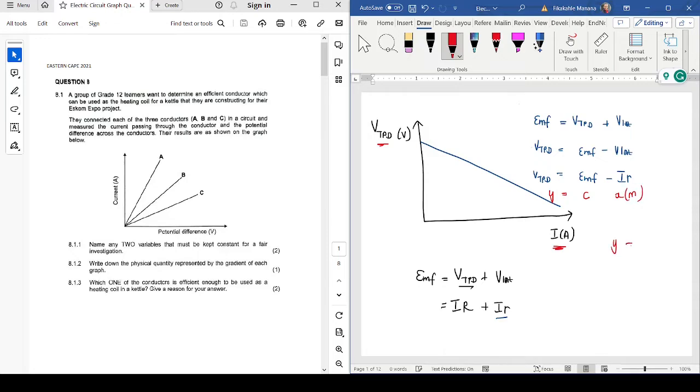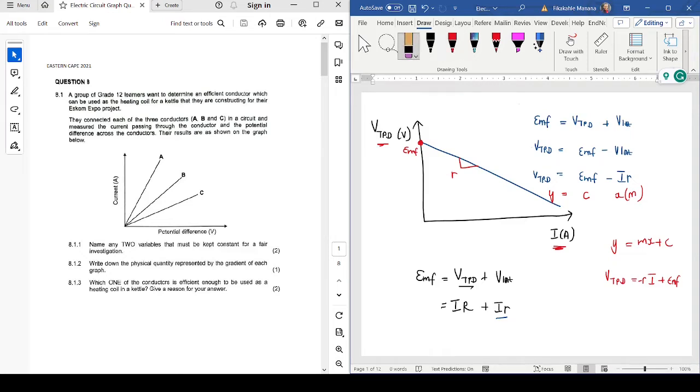So in the form y equals mx plus c, it would be terminal potential difference equals negative R times I, plus c, which is your EMF. On your graph, your y-intercept is your EMF, and your gradient would be negative R, your internal resistance.